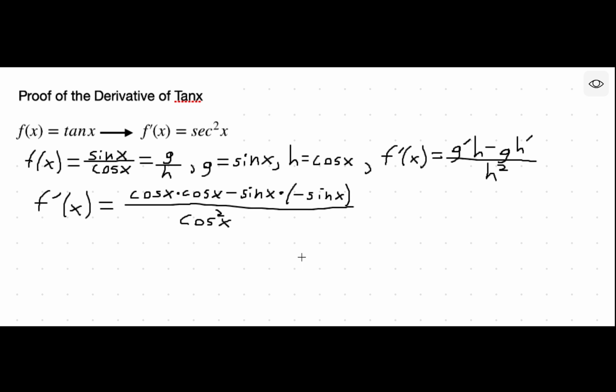And now what we can do is we could simplify the numerator a little bit here. So we have cosine x times cosine x, so it's just going to be cosine x squared for the first term here. And then we have minus sine x times negative sine x, so that's going to give us a plus sine x squared.